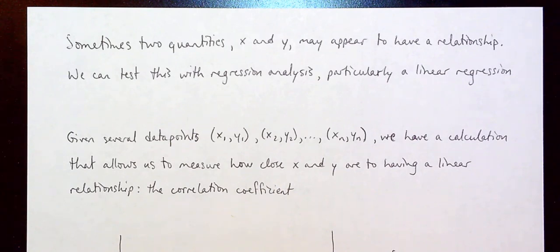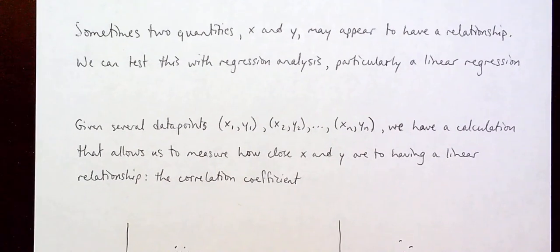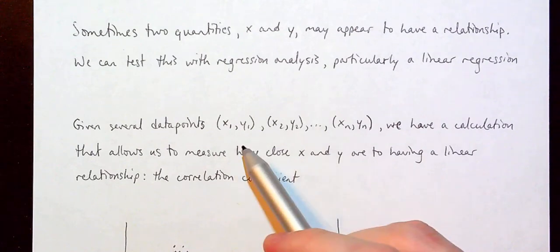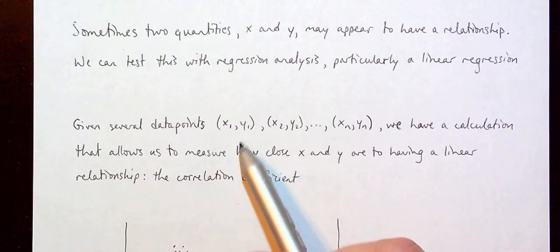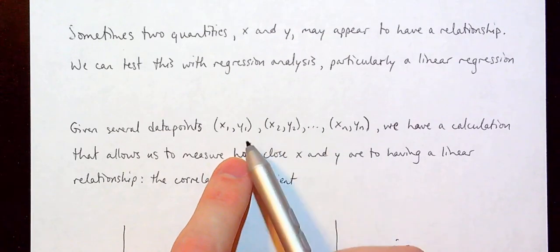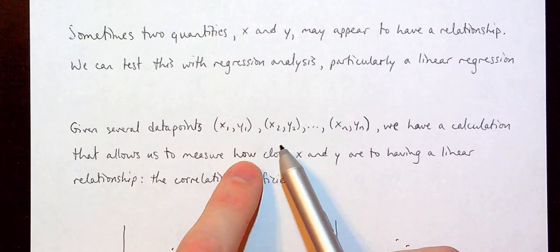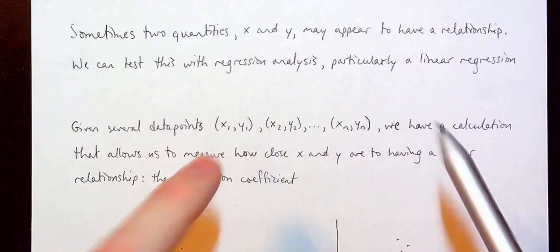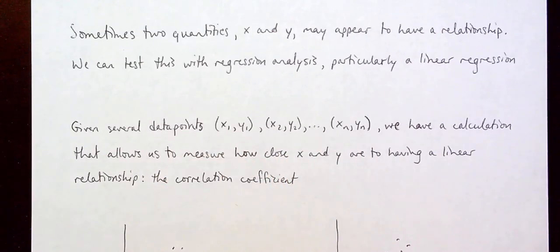We test this potential relationship given several ordered pairs. So we may have n ordered pairs, x1, y1, x2, y2, x3, y3, all the way up to and including xn, yn.